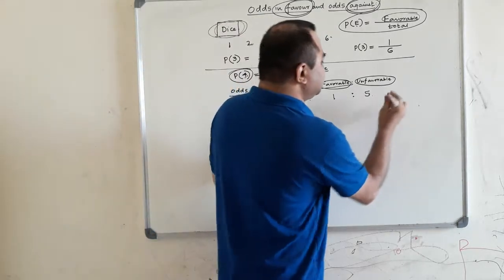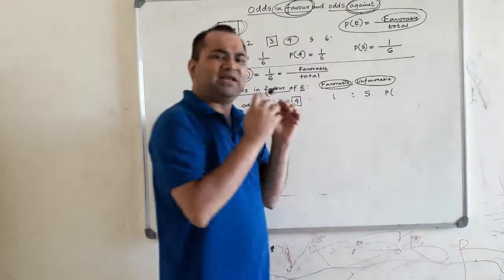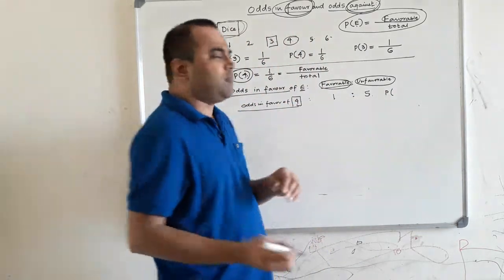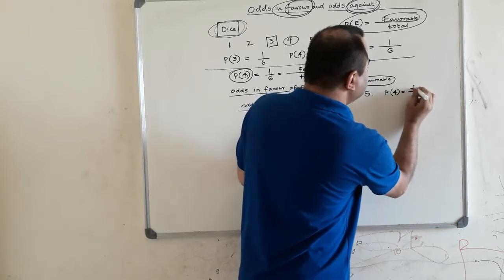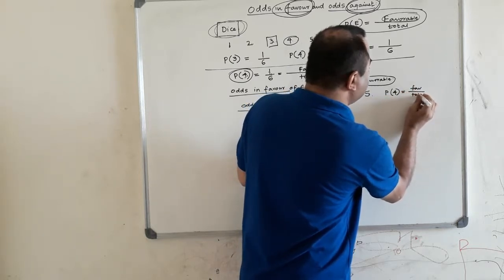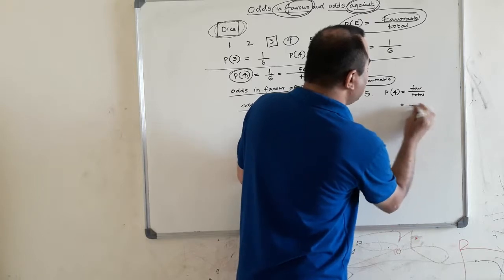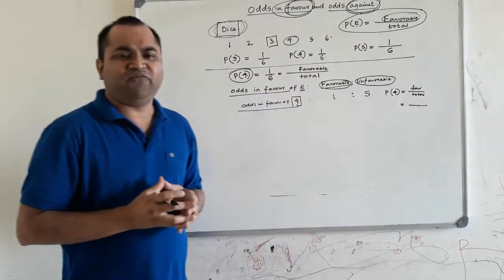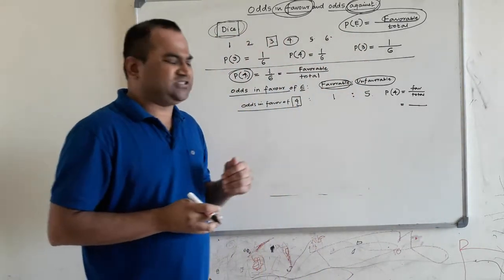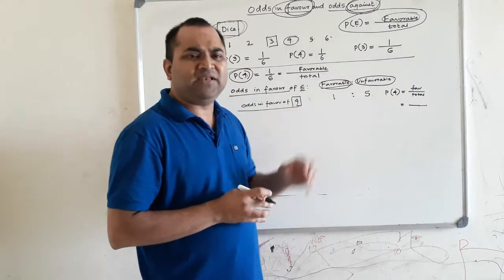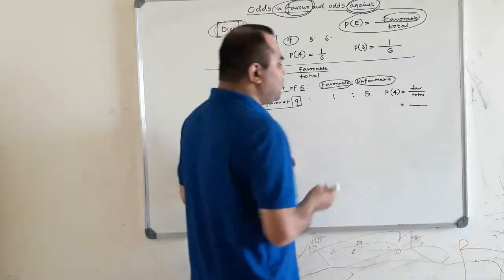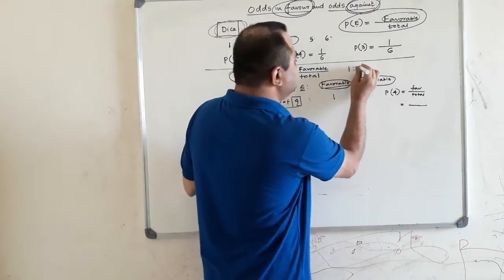So from odds, if odds are given, you can even write probability. Now probability of number 4 is favorable outcomes over total outcomes. Suppose we are given odds in favor of number 4 first, then from that how will we be able to write the probability of number 4? It would be from the ratio 1:5.